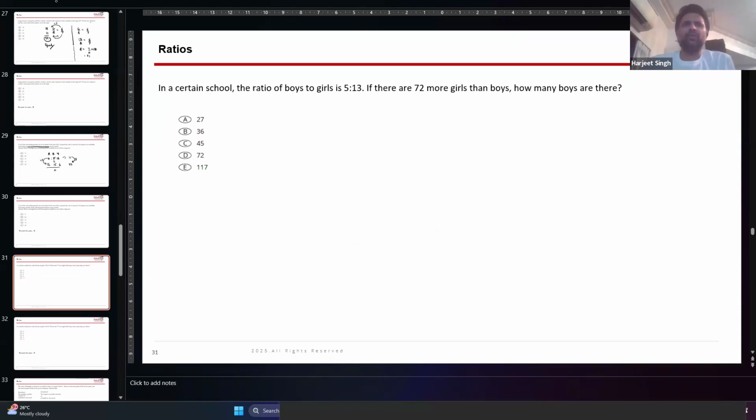In a certain school, the ratio of boys to girls is 5/13. If there are 72 more girls than boys, how many boys are there?